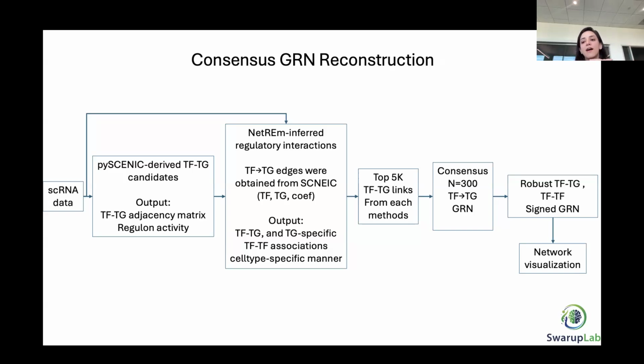This way we have a more reliable or robust transcription factor target gene network that also gives us directionality of how each transcription factor is affecting the target gene, but also we know how transcription factors are affecting the other transcription factors. And basically it's a signed network.